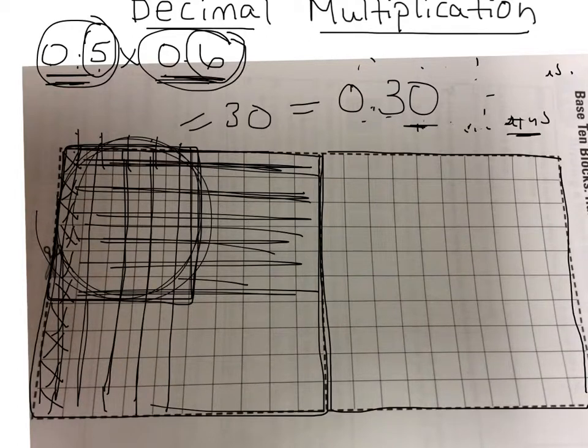On the other grid, let's do 0 and 4/10 times 0 and 3/10. So again, we look at the first number here, and we're going to shade in 4/10. And again, these are tenths.